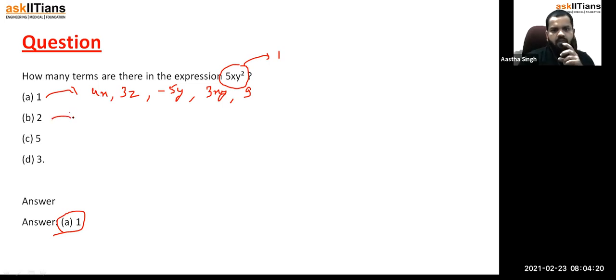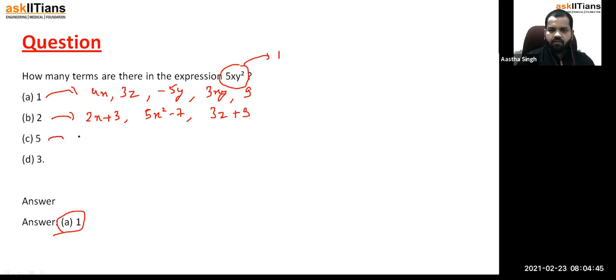If two terms are there, suppose 2x plus 3. Why? Because in an algebraic expression we separate out the terms. The two terms are there, 2x and 3, right? Suppose 5x square minus 7, two terms are there. 3z plus 9, two terms are there.